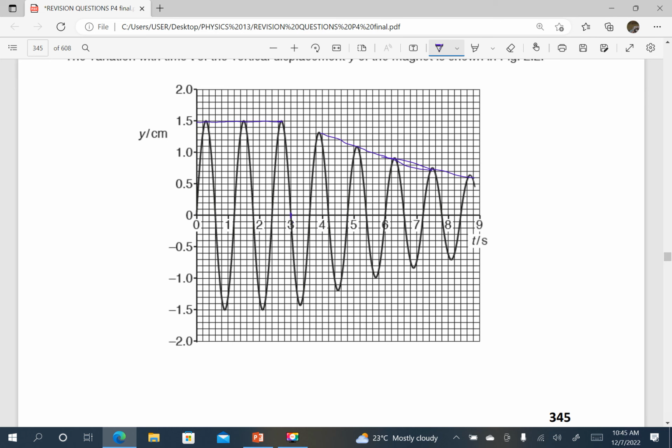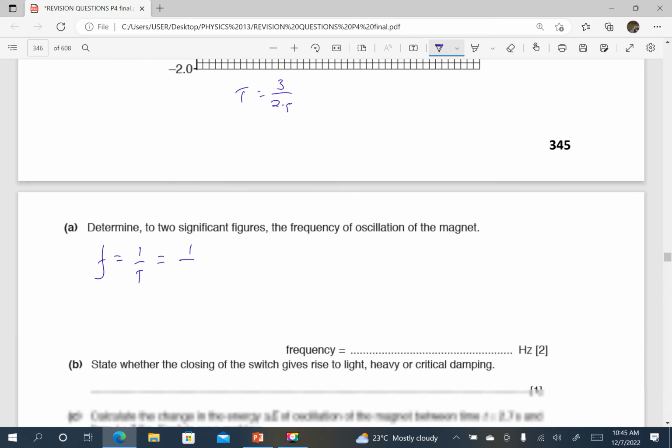I see that in 3 seconds we have 2.5 cycles. So the period is going to be 3 divided by 2.5.